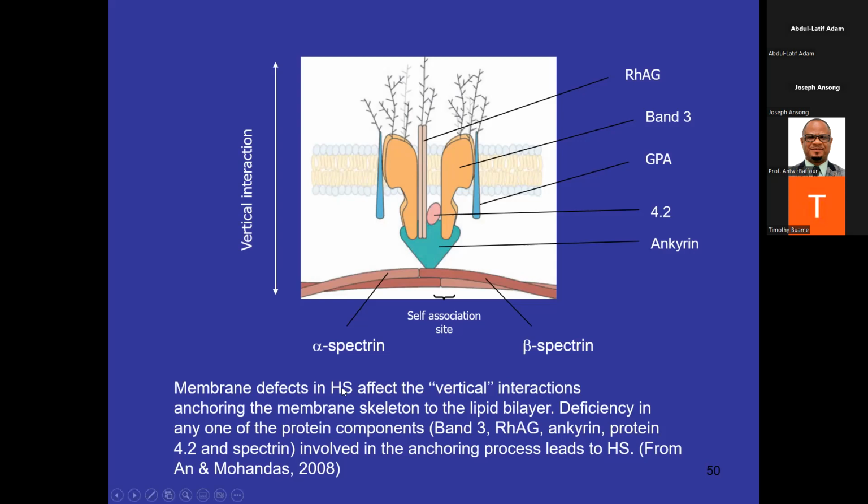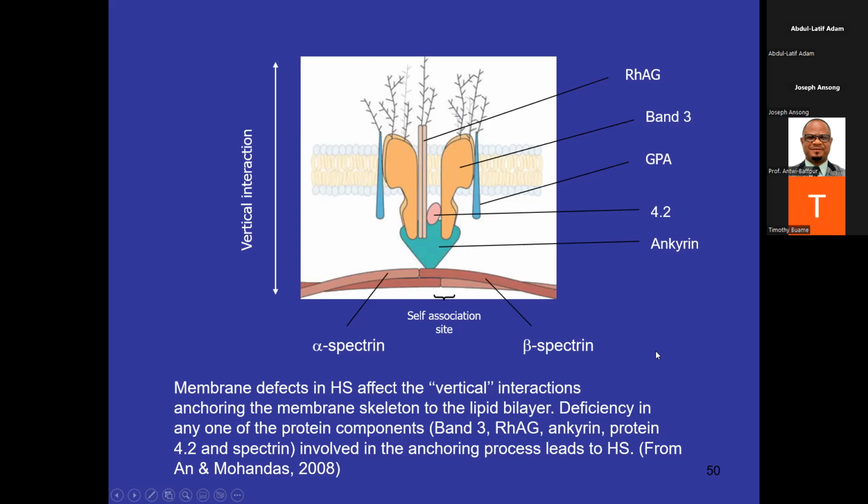Hereditary spherocytosis affects the vertical interaction, anchoring the membrane skeleton to the lipid bilayer. The interaction that anchors the membrane to the skeleton is affected. The deficiency in only one of the protein components that are assembled here, involved in the anchoring process, may lead to hereditary spherocytosis.